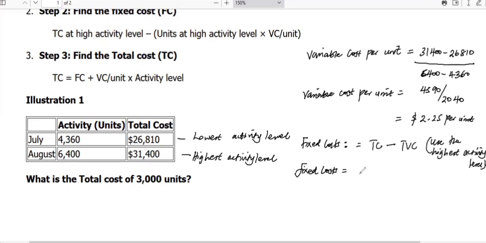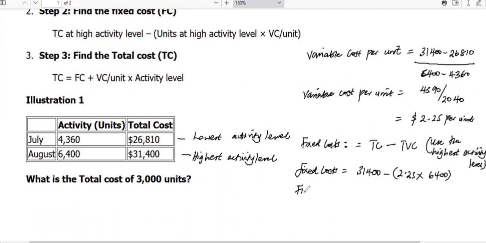We have to get the total cost, which is 31,400 minus the total variable cost. And to get the total variable cost, you get the variable cost per unit, which is 2.25 times the units at the highest activity level, which we have as 6,400 units.